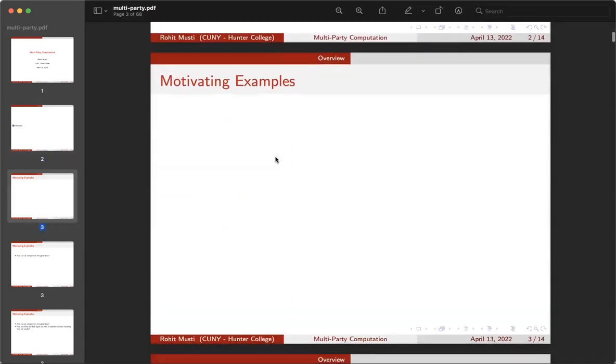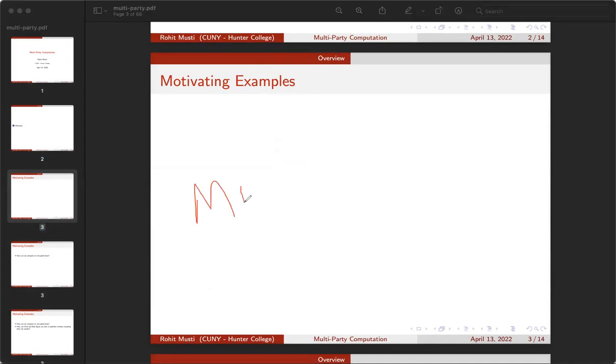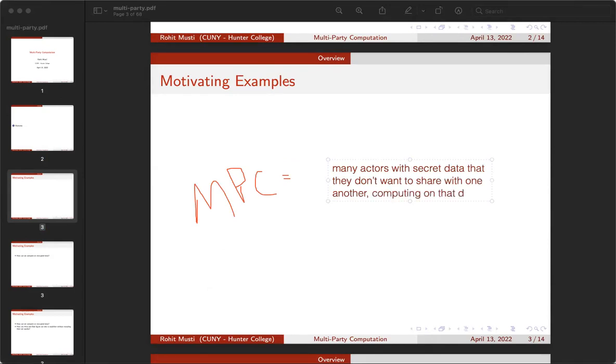Multi-party computation, or you'll often see it abbreviated as MPC, is all it is: many actors with secret data that they don't want to share with one another, computing on that data collectively.